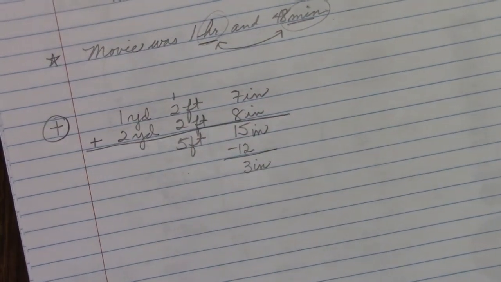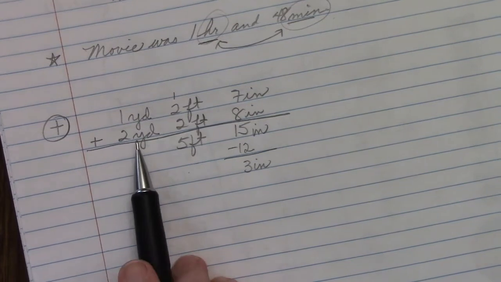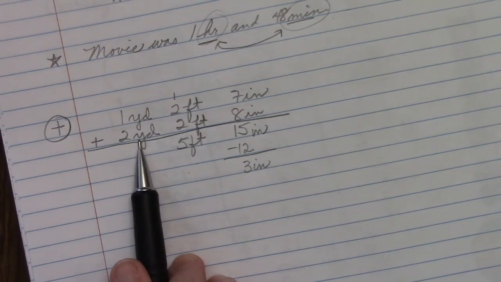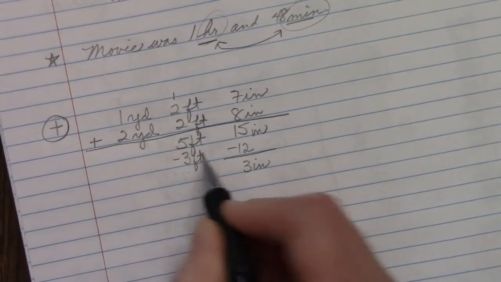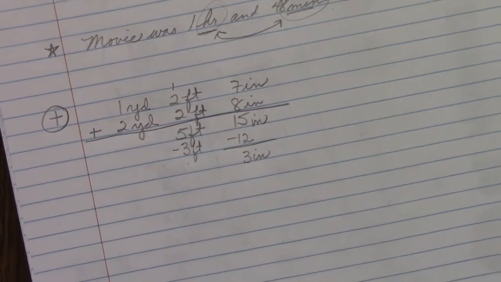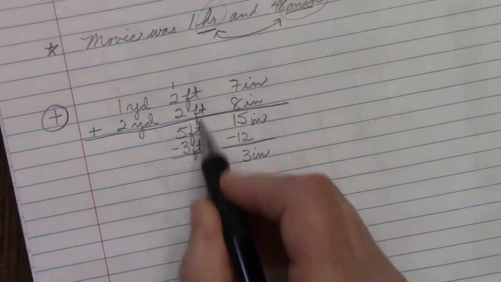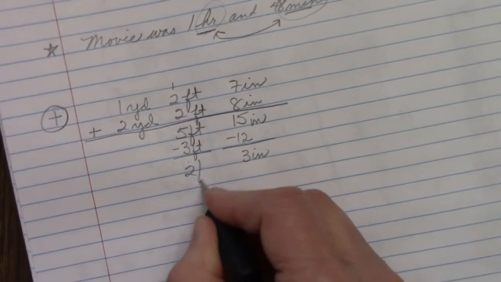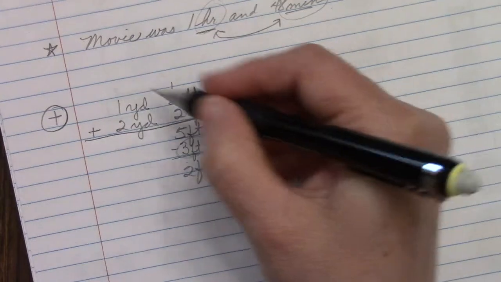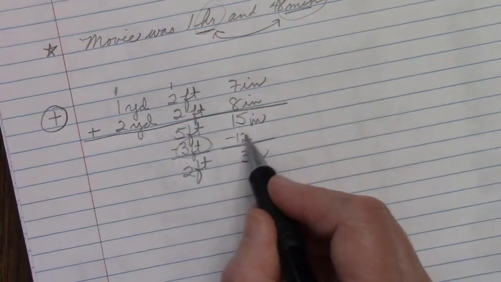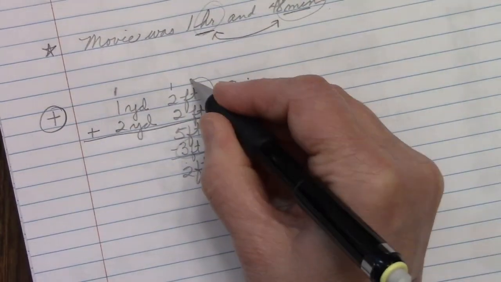Wait a minute. 5 feet is more than a yard because a yard is 3 feet. See how you have to know your units? So if I subtract 3 feet from there, I'm left with 2 feet, and I can put that yard over here, just like I put that 12 inches up there.